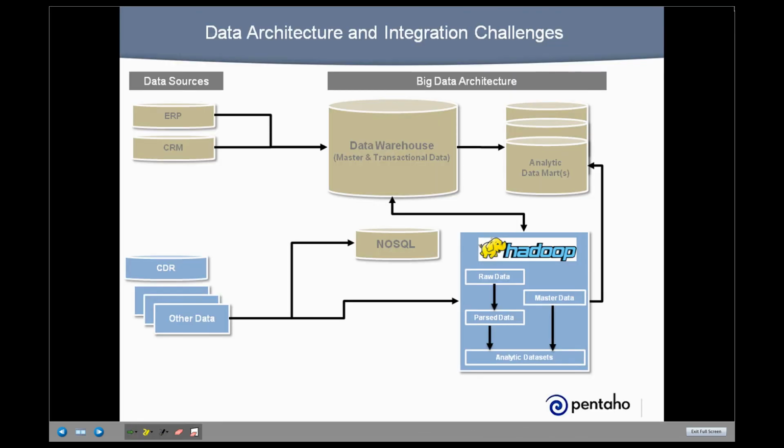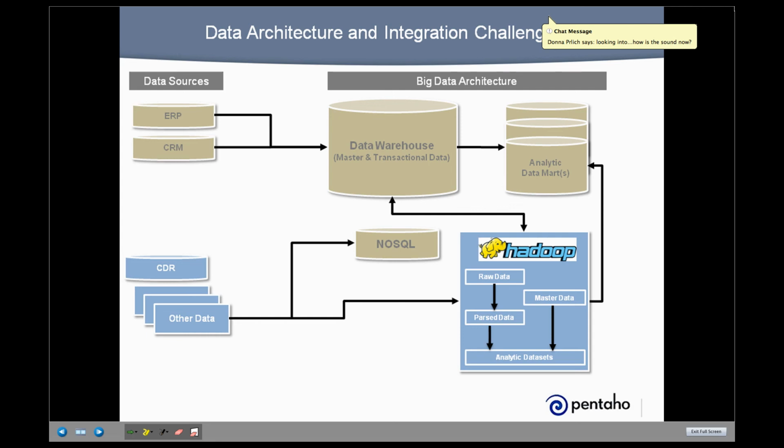All right, so if you were part of our previous webinar series, we've shown this architectural slide a couple of times. It shows the big data architecture. You have your traditional data sources, ERP, CRM systems, on the one hand, that probably flow into a data warehouse, from which you may distill some analytical data marts.